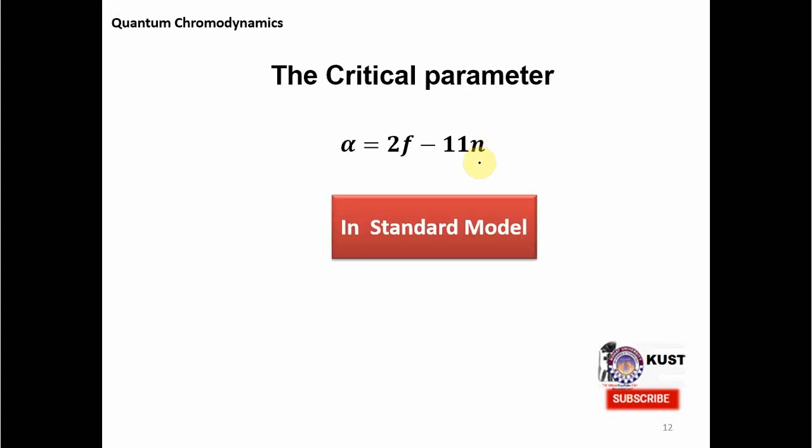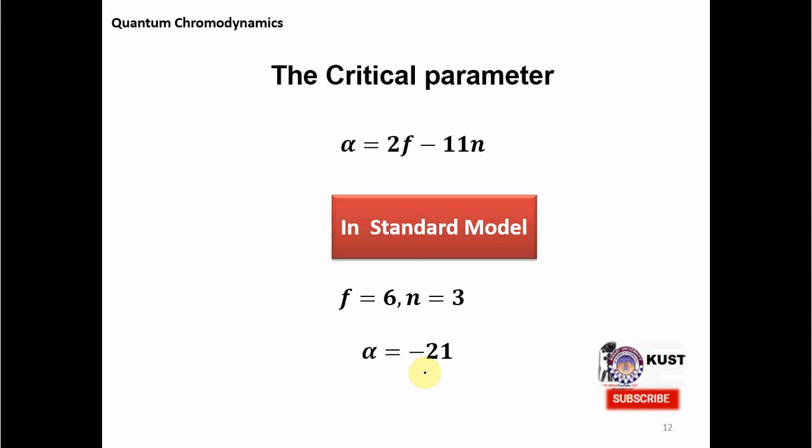Since in the standard model we have f equal to 6 flavors of quarks and 3 colors, if we put these in, we get that alpha is equal to minus 21. So you see that this critical parameter is very small. Therefore, at small distances, the strong nuclear force actually becomes very weak, the coupling constant is very weak, and then we can apply the Feynman calculus, or the procedure of Feynman diagrams, to calculate the force between two quarks.